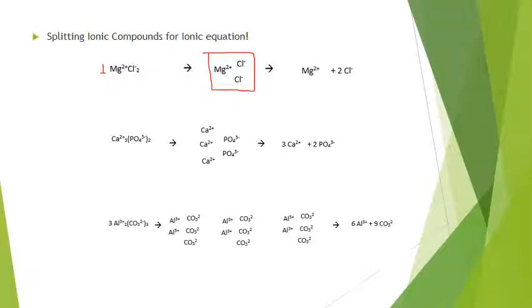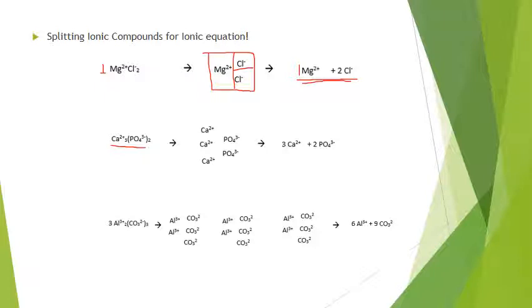And when you put it in water, what happens is it splits like this. So you have 1 Mg, you don't have to put the 1, and 2 Cl. So if the equation said plus 1 Mg 2 plus, Cl minus 2, then the ionic equation would look like this.